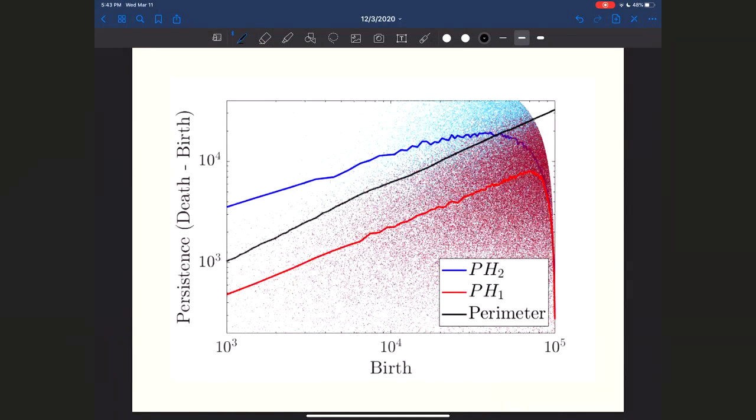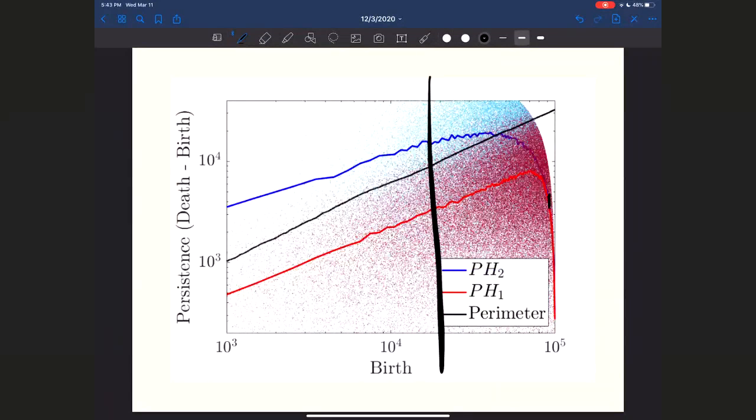I want to mention that this is a little bit biased, because at some point this decays, since holes that were born, for example, at this time will not have enough time to die. So to be meaningful, perhaps you could look at up to this, right?